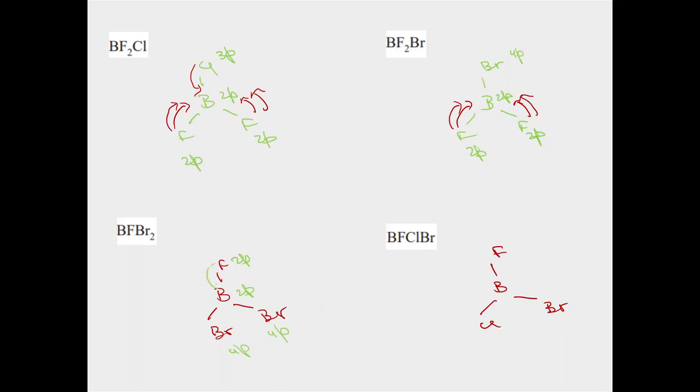This one has very good back bonding, whereas for these two it will not be that good. And in the case of BFClBr, it is 2p, 3p, and 4p, so not that effective. Now can you tell me the order of back bonding?